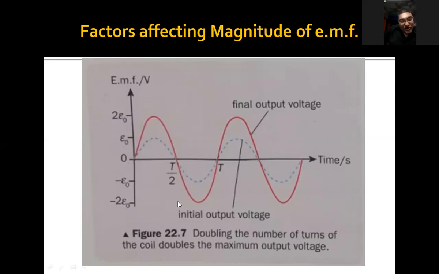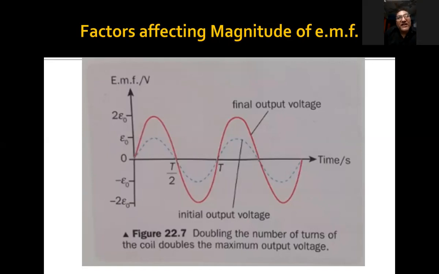Now what you did, you doubled the number of turns of the coil. When you double the number of turns of the coil, and all the rest of the things remain the same, the frequency of the rotation of the coil is the same. The only factor you have changed is you have doubled the number of turns of the coil.